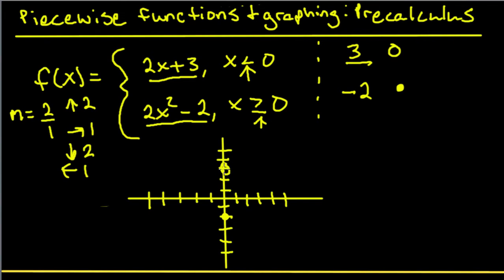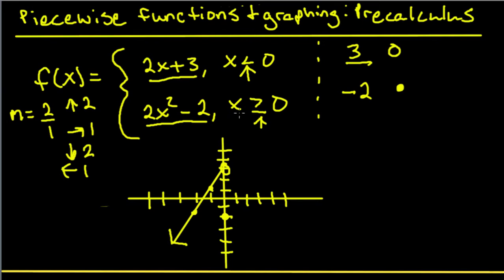So we'll be going from 3 down 2 and to the left 1. Okay. And now we have enough for our line. So that will be our line.